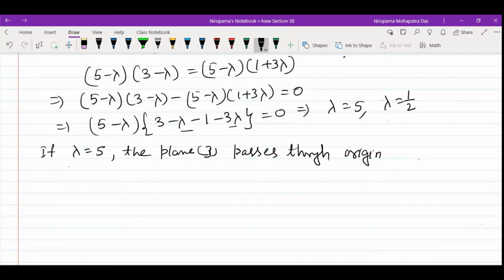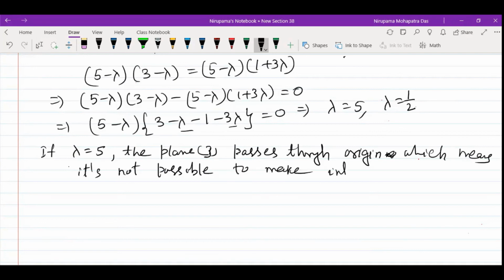Okay, so if it passes through origin, it cannot make intercepts on the axis.